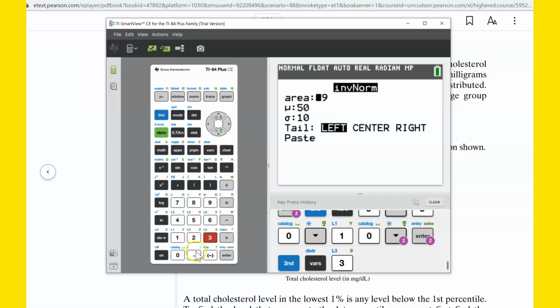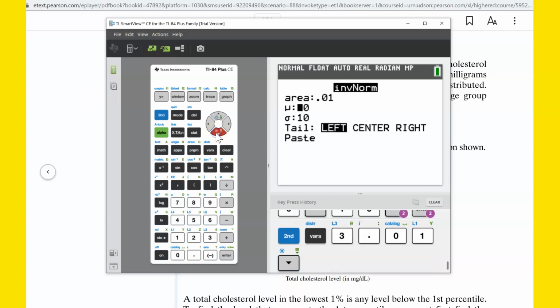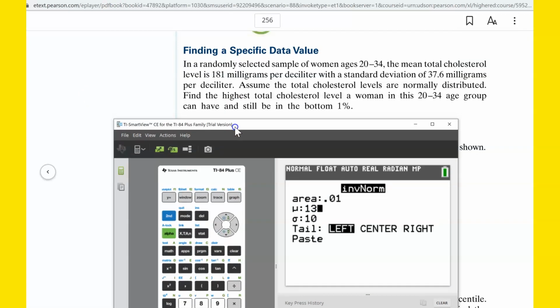The area is the bottom 1%, so 0.01. I want 1% to be to the left of me. The mean, I can't remember. I think it's 137 or 134. No, 181.